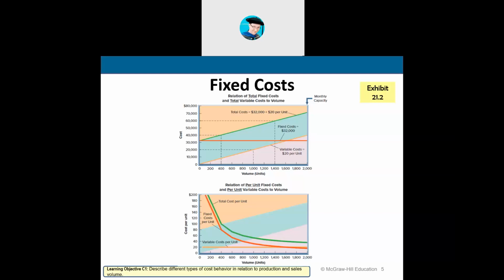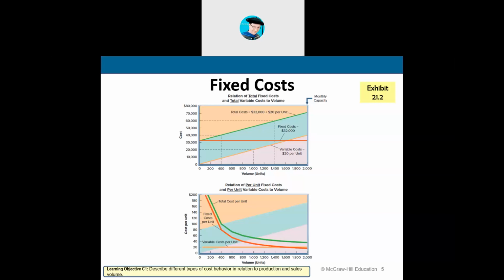Variable costs increase with the more that I sell. So, looking at this first part of the slide on the top, this graph here, I have fixed costs and variable cost per unit. My total fixed costs plus cost per unit gives me my total cost, the total cost of my business.